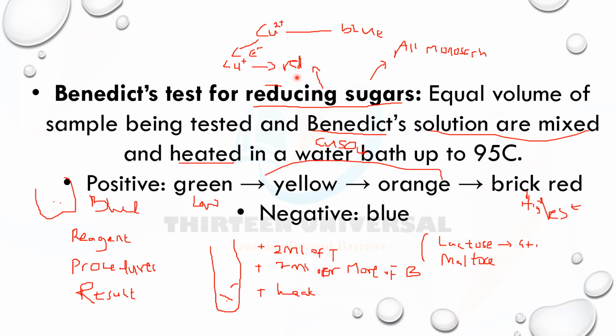Remember that when electrons are donated to copper 2, it changes color, depending on the concentration of the reducing sugar. It changes from blue to green, lowest concentration, or yellow or orange, moderate, or brick red, highest concentration. If that happens, reducing sugar is present. But if it doesn't change color and remains blue, reducing sugar is absent.